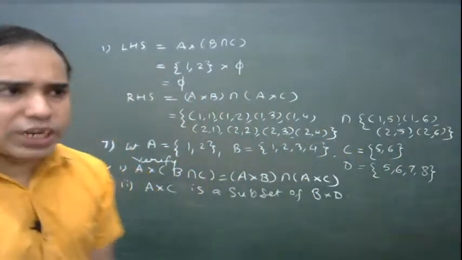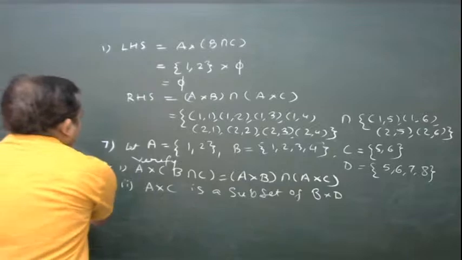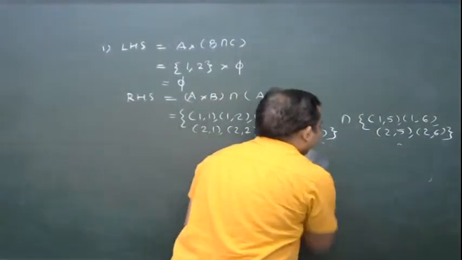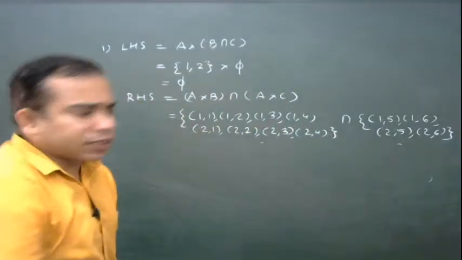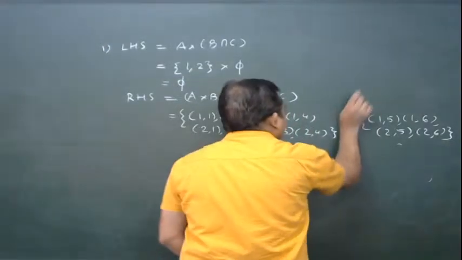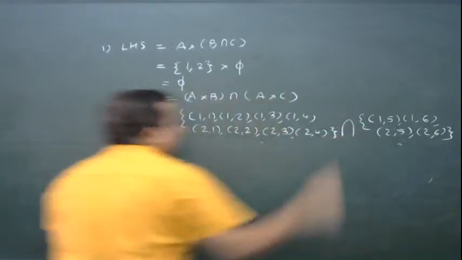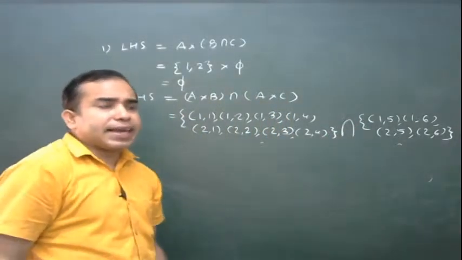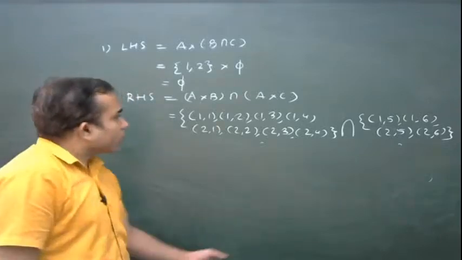Now, check what is the intersection of these two. Intersection, can you see the symbol? Intersection means common elements. So, is there any common ordered pair?